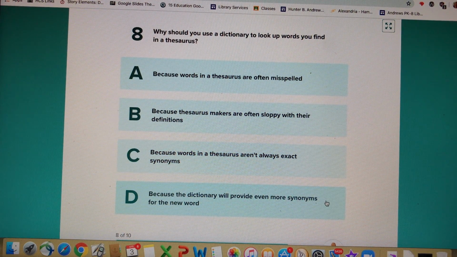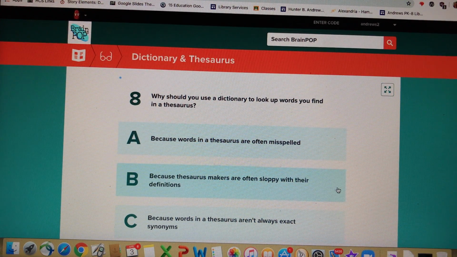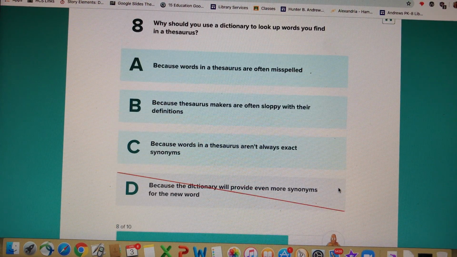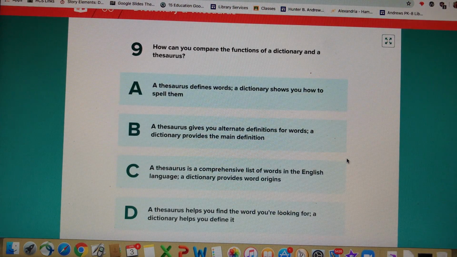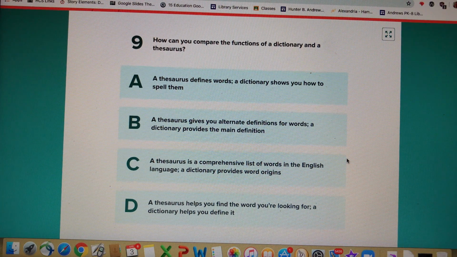Because the dictionary will provide even more synonyms for the new word. I may get this wrong. Let me try it. Yep, Miss T was wrong. The next one I would think would be this one because words are not always exact synonyms. Good job. Okay, see, even Miss T doesn't know everything.